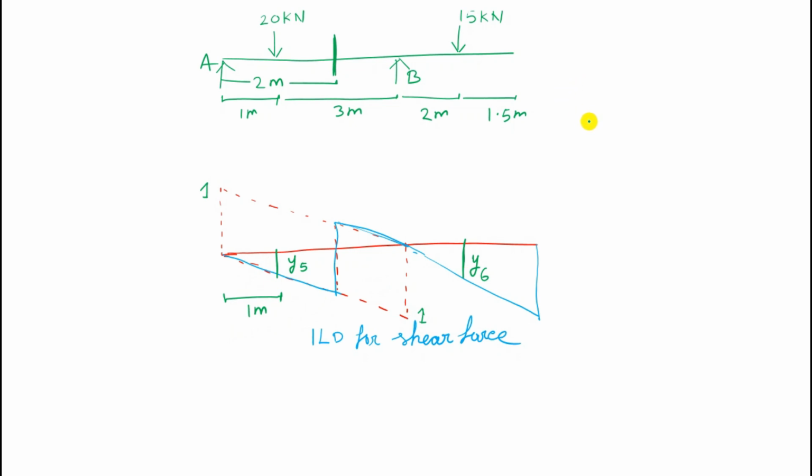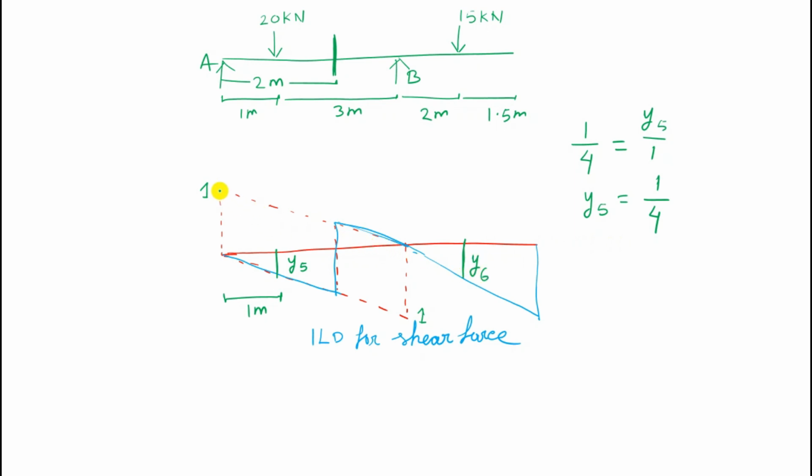So we can write, if I consider this triangle, 1 by 4 equals, now we have to consider this triangle, that is Y5 by 1, so Y5 equals 1 by 4. So now we have to calculate Y6.